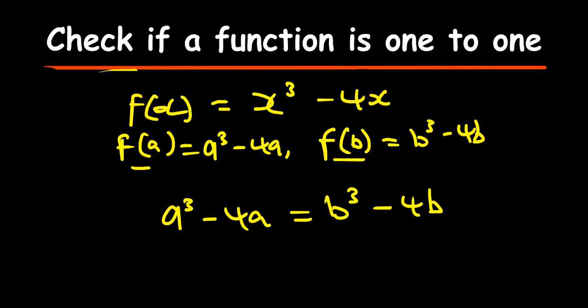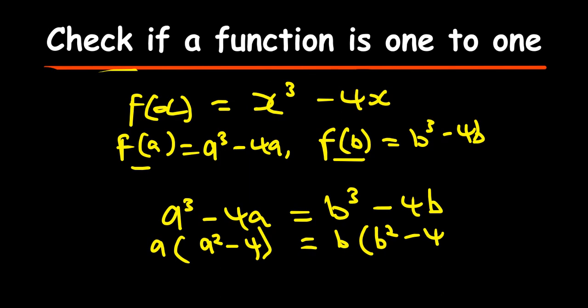Or even if we try, let's say we factorize a here, we're going to get a times a squared minus 4 is equals to, and here we factorize b, we're going to get b times b squared minus 4. So this is what we get there.